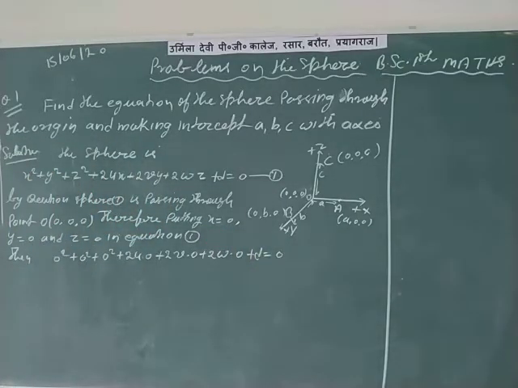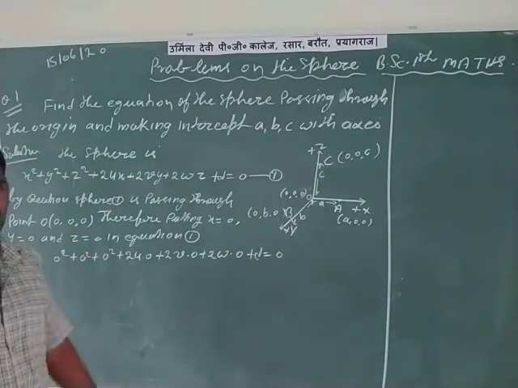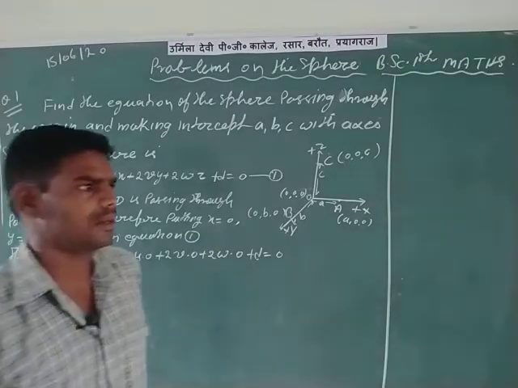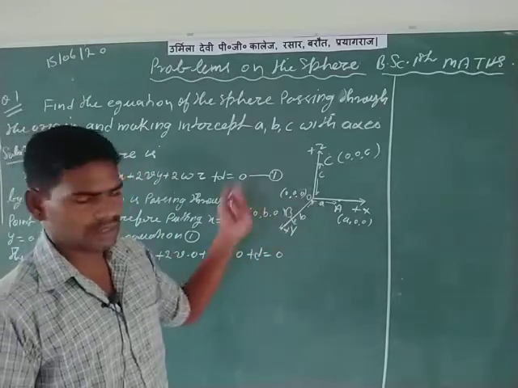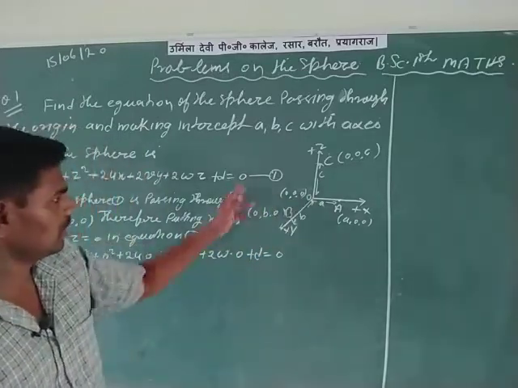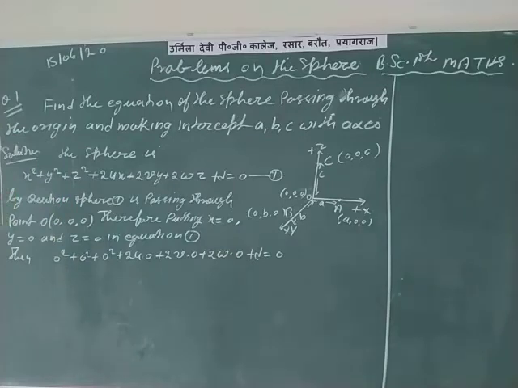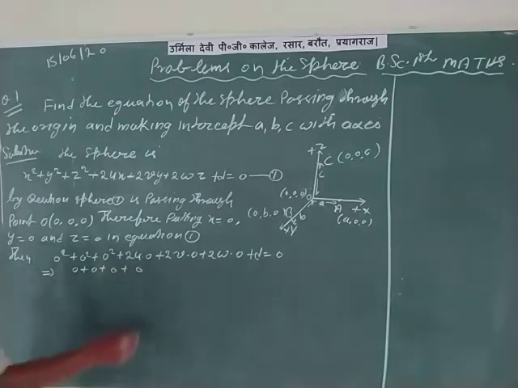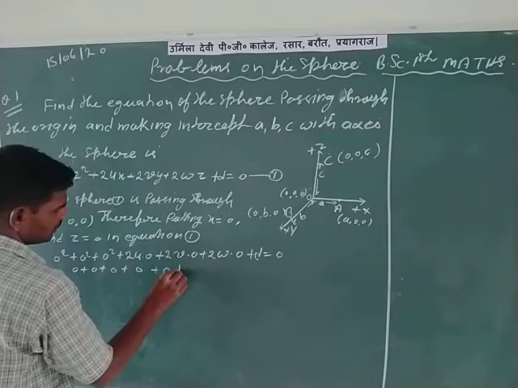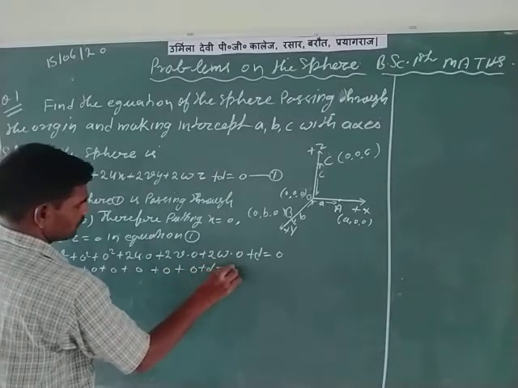So here in equation first, we put all the values of x, y, z of the origin, because the origin lies on equation first, which means it lies on the equation of the required sphere. After simplification, all the terms are equal to 0, so 0 plus d is equal to 0.